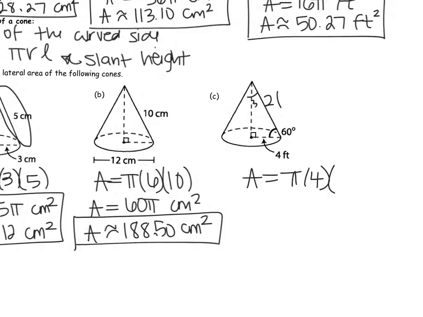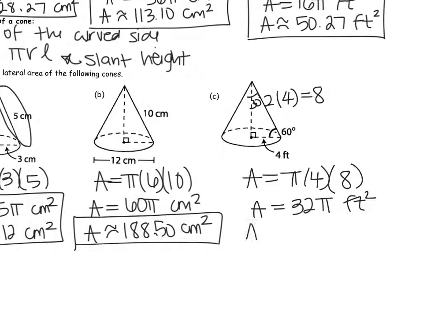So that means the angle at our top here has to be 30 degrees, which means 4 feet is our shorter leg. So it's 2 times 4 for the slant height, which gives us a slant height of 8. So pi times 4 times 8, which gives us a lateral area of 32 pi feet squared, which is approximately 100.53 feet squared.